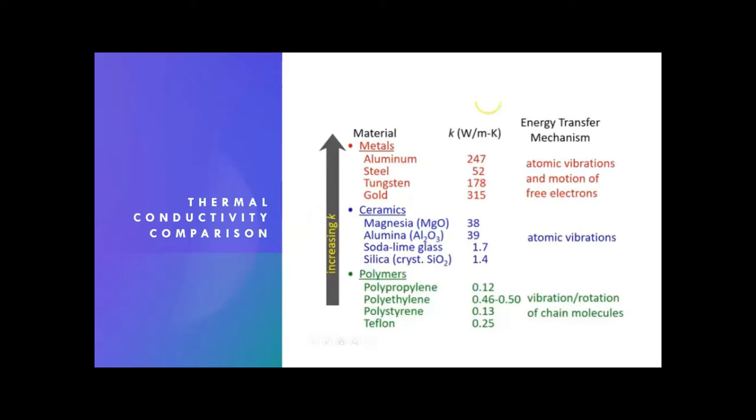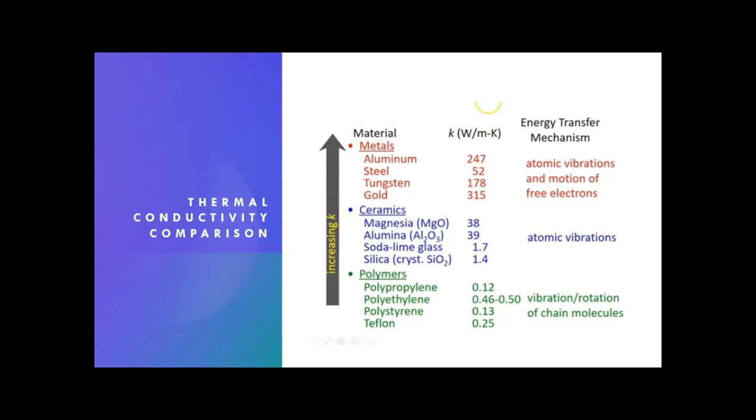And this is the comparison of thermal conductivity. Among all materials, metals have the highest conductivity compared to ceramics and polymers. Polymers have the lowest thermal conductivity. The energy transfer mechanism in metals is through atomic vibration and the motion of free electrons, while in ceramics the mechanism of energy transfer in thermal conduction is just atomic vibration.